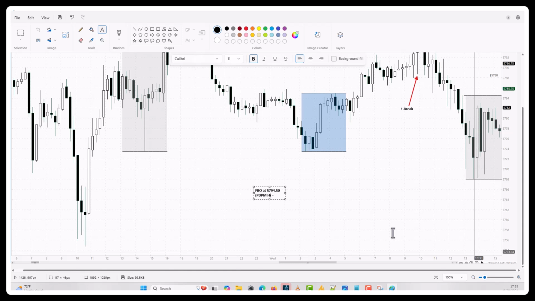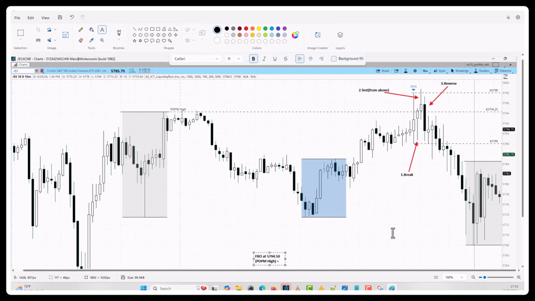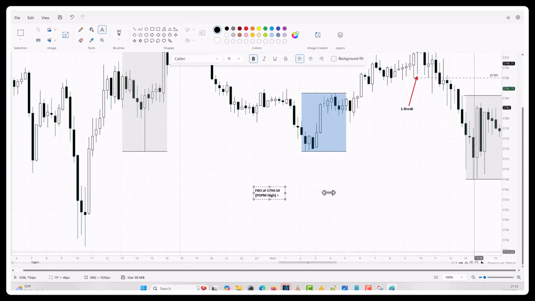That's the key level. And yeah, that's right. And it's going to be a reversal type 1 right there. So basically you break first, and then you test from above, and then you reverse it. Very simple right there. We try to keep it simple.